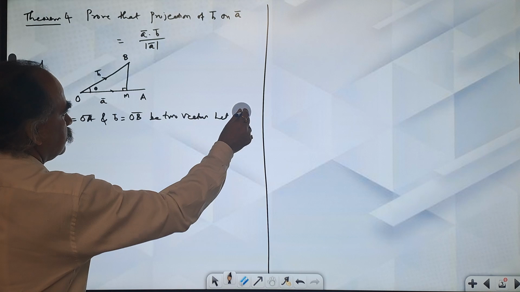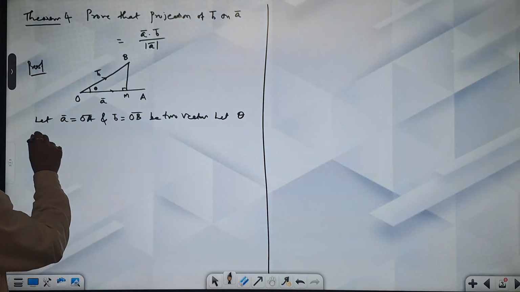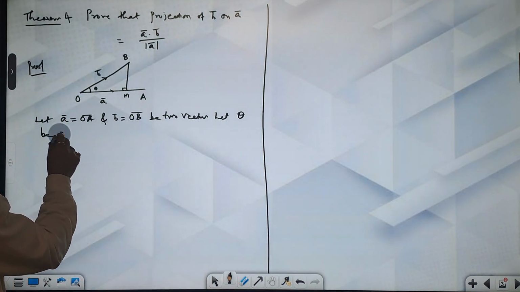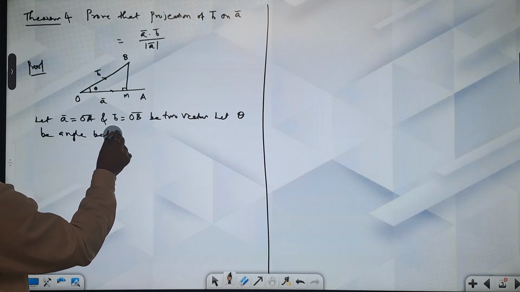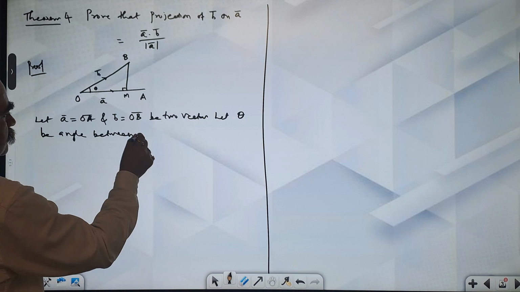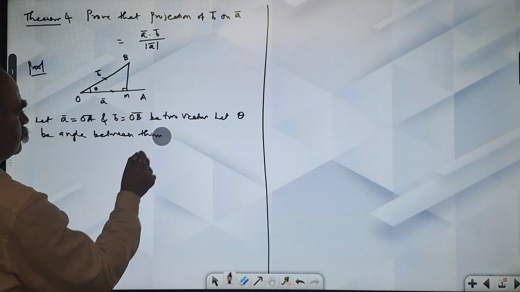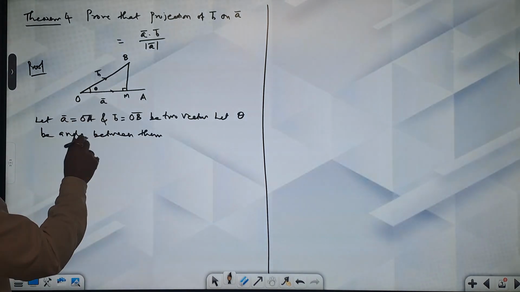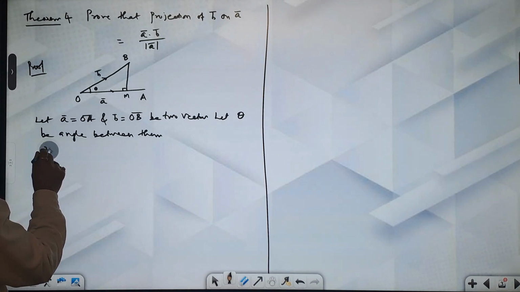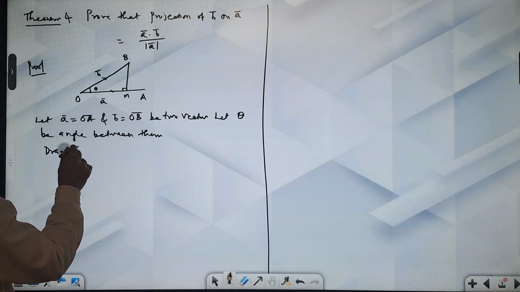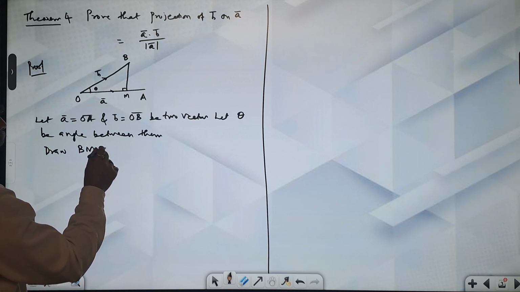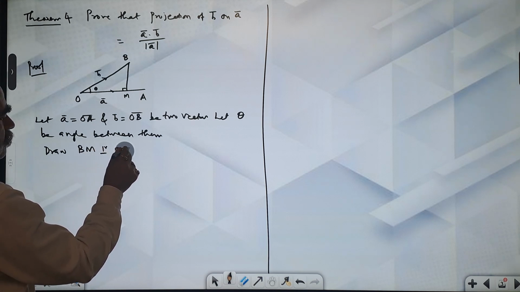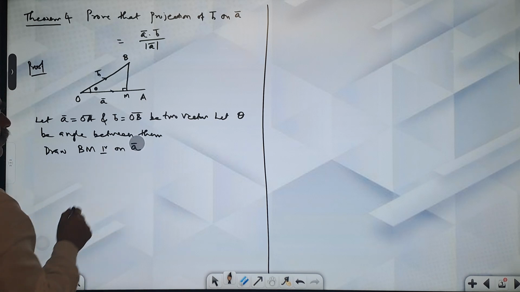Let theta be angle between them. Draw BM perpendicular on A bar.